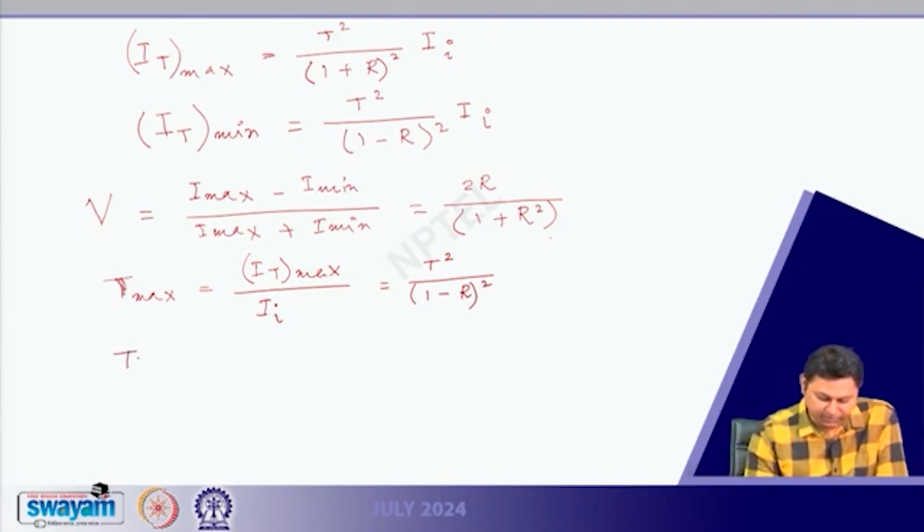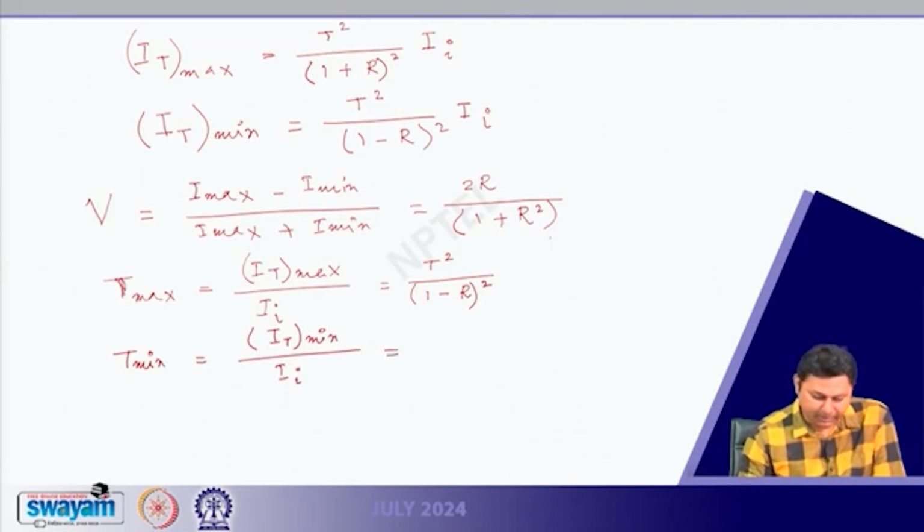Similarly, T min, the minimum value of transmittivity, is the minimum transmitted intensity divided by I, and that value will be T square divided by 1 minus R square.